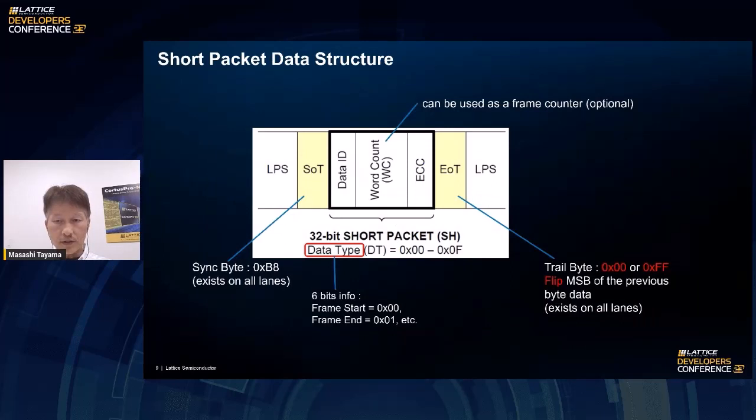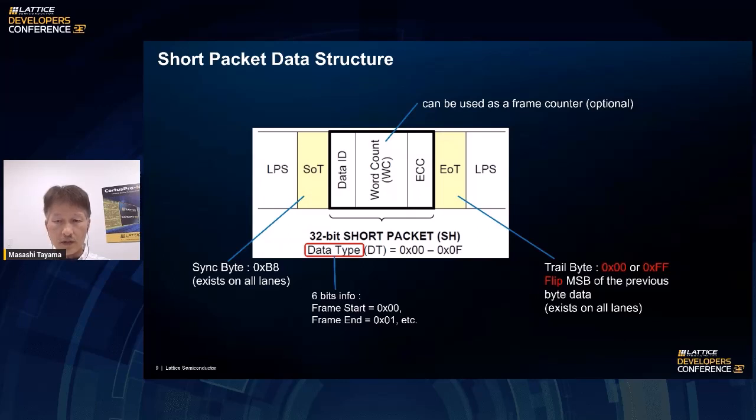This is the structure of short packet. It consists of 4-byte data. The first byte includes data type information, like frame start or frame end. And the last byte is error correction code. It can correct 1-bit errors and detect 2-bit errors.